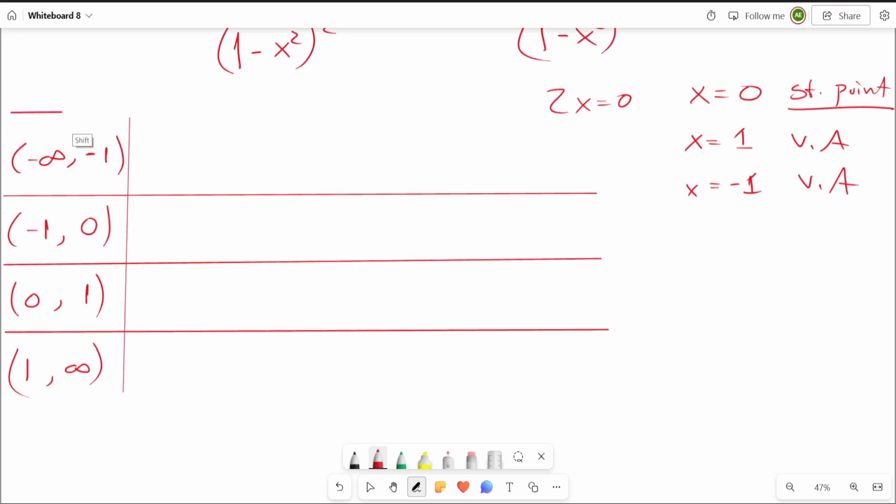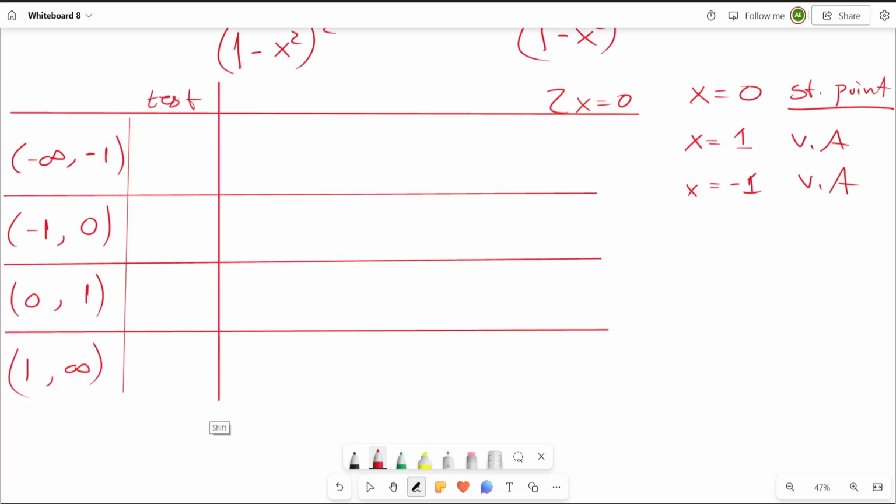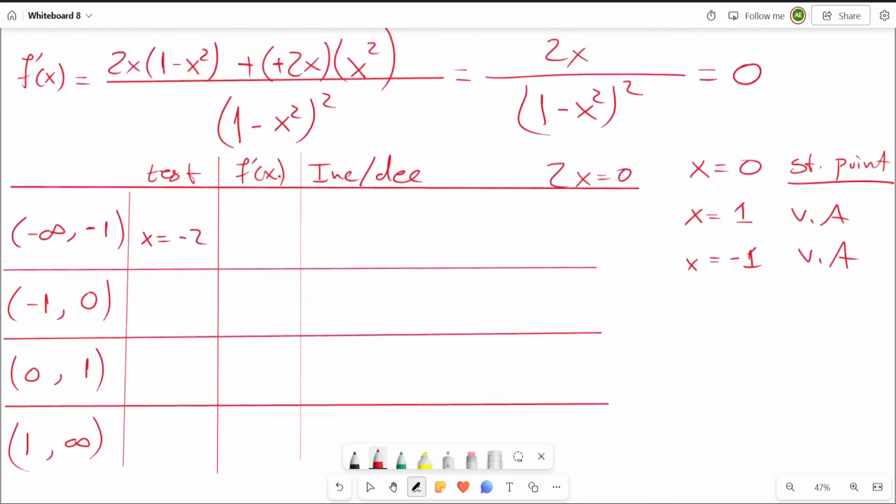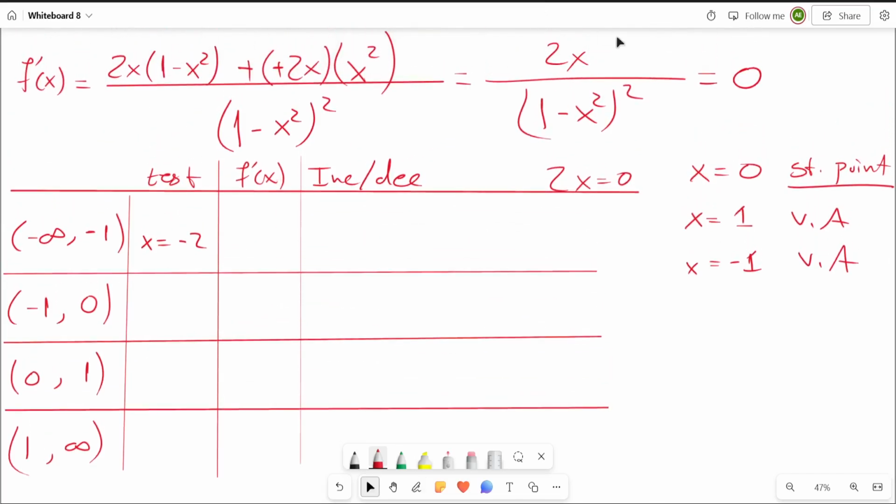So this first part is going to be the test point, and this is going to be f dash of x, and then we will determine if it's increasing or decreasing based on that. So let's take any test point over here. Let's say x equals minus 2 and let's define f dash of x. So where is f dash of x? Yes, it's this one over here.